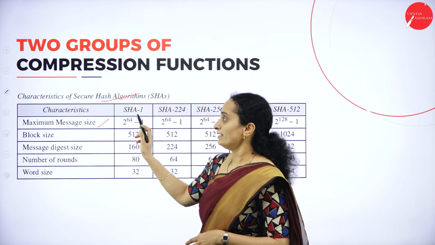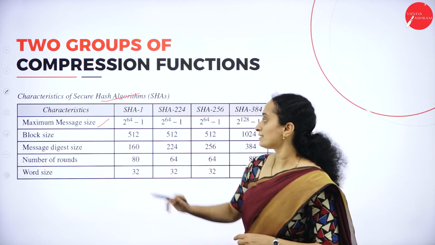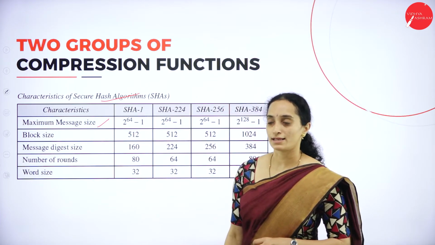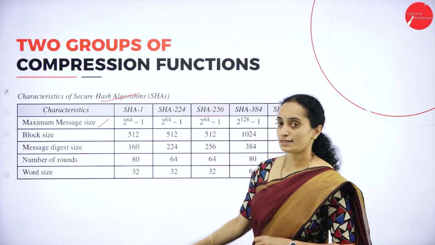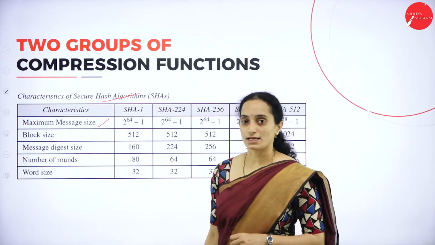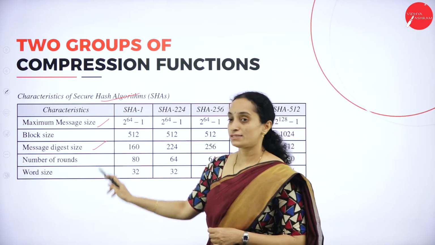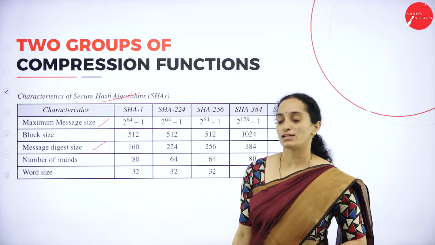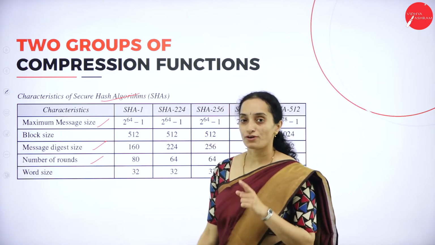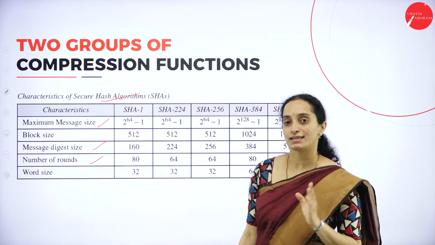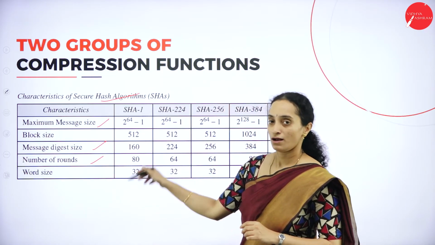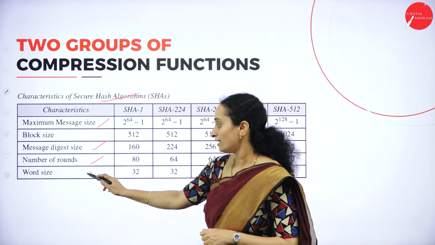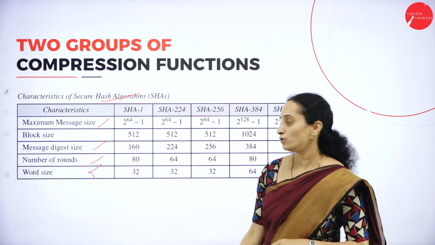We can compare the characteristics of each secure hash algorithm with respect to maximum message size, the block size, the message digest size they generate, the number of rounds, iterative, as I said, that means iteratively they use the same compression function, and the word size they use.